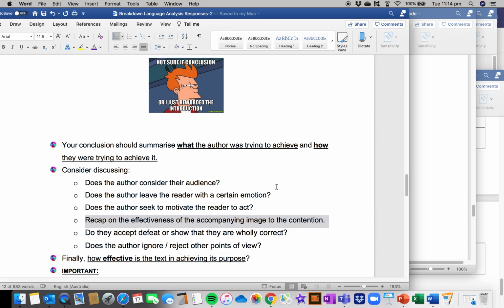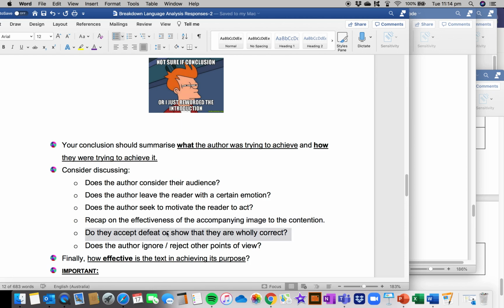If it's an incredibly nuanced image with lots of really, really good things to analyze, you could mention the image more than once throughout the body with different arguments. But make sure that you have tied it back to the contention, okay? And as we know with the R word, the contention is not to use the R word as something that is offensive. So it comes back to language. So how is the image perhaps accompanying the contention about our use of language of people with a disability?